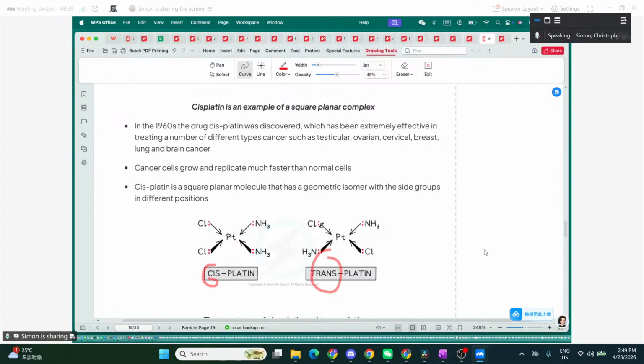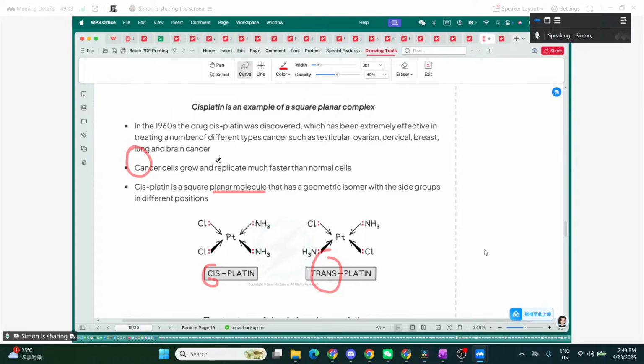According to that, for this planar molecule, here is a usage. We know the cancer cell can grow and replicate much faster than a normal cell.